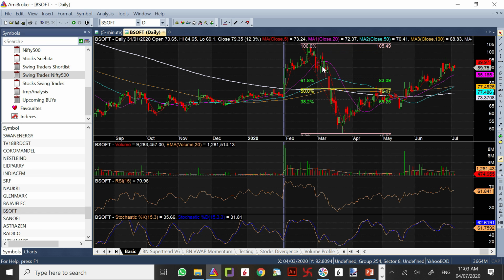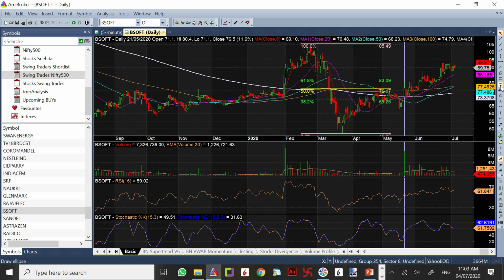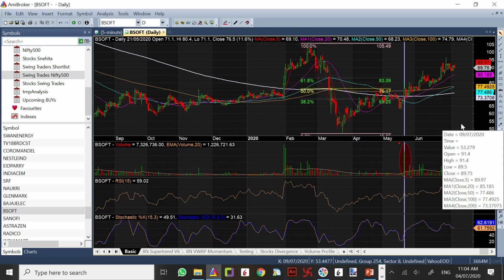Then of course this corona fall is there in every chart, right? It fell down below that, and now recently it has again gone up above the 200 DMA resistance with huge volume on 21st May. Big volume.